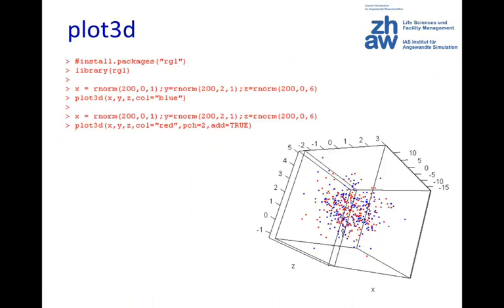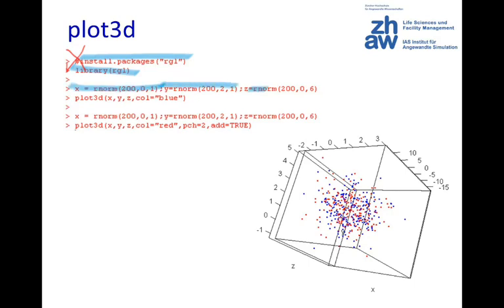For the point clouds, you need to have the library RGL, which is a standard library in R, so you just have to type install.packages RGL. Make sure that when you do this you omit the prompt sign in front. Then you can create some data, 3 dimensions, right?